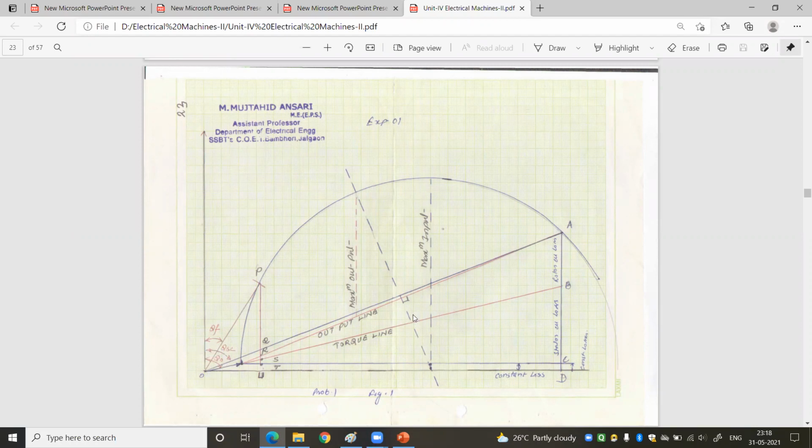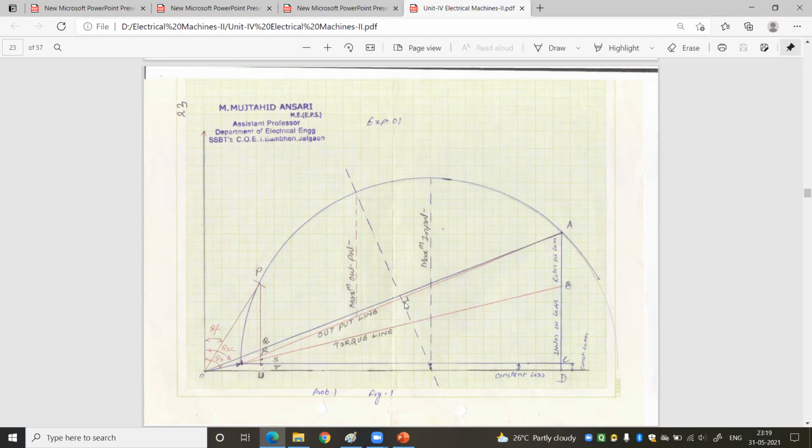And the line O to A is the short circuit current at normal voltage, which is equal to 22 centimeter. Now, joining the tip of the no load current and the end of the short circuit current at rated voltage is nothing but the output line. So this is shown by the red color line. It is an output line.